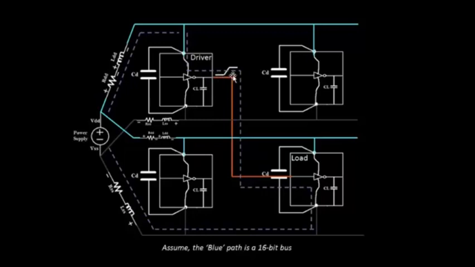Now assume that this particular line is a 16-bit bus. Okay, and before that, when we say that this particular line has been charged from logic 0 to logic 1, basically the driver is sending a signal from logic 0 to logic 1. So this complete line has to retain this scenario, so that the load should receive the same signal.